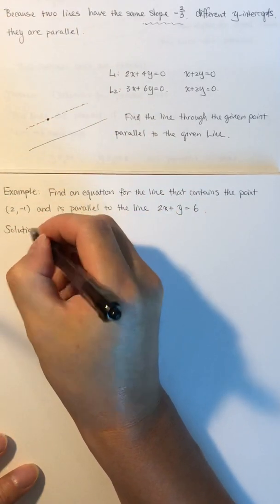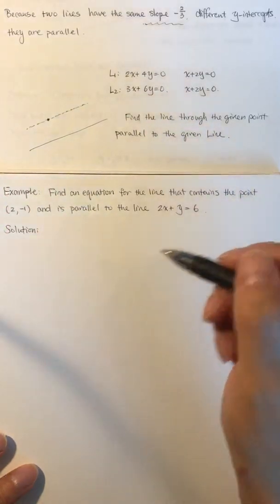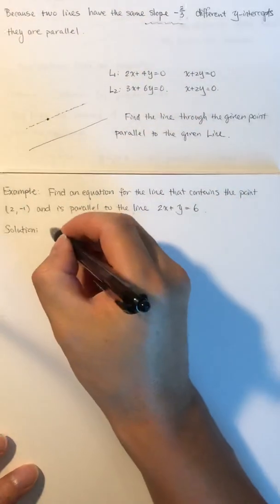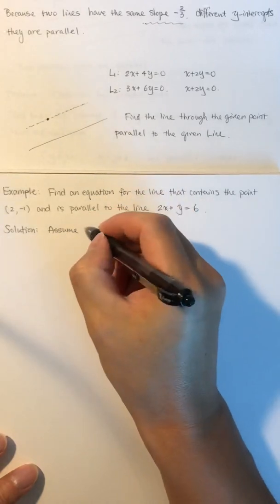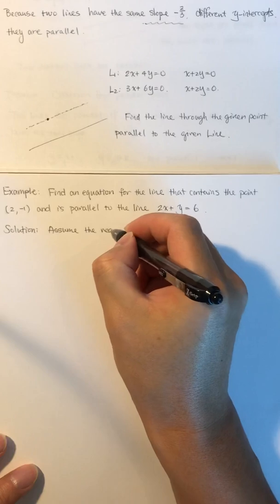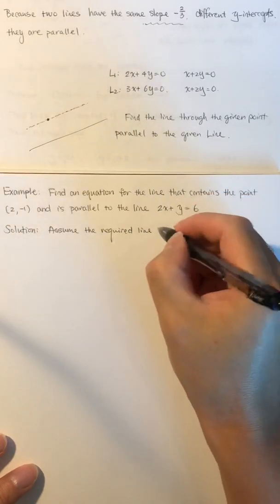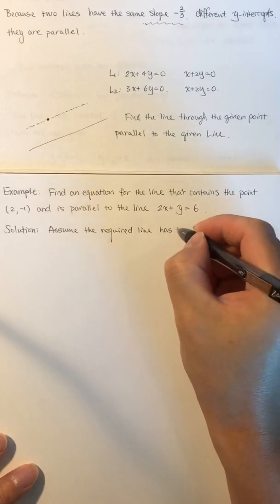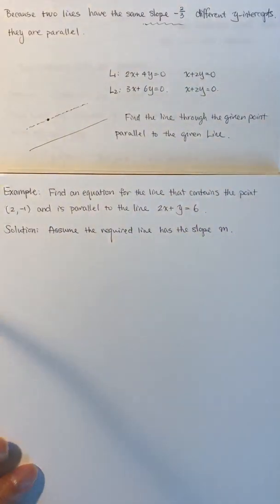We already have a point on the line. If we know the slope, we have the point-slope form. So assume the required line has a slope m.